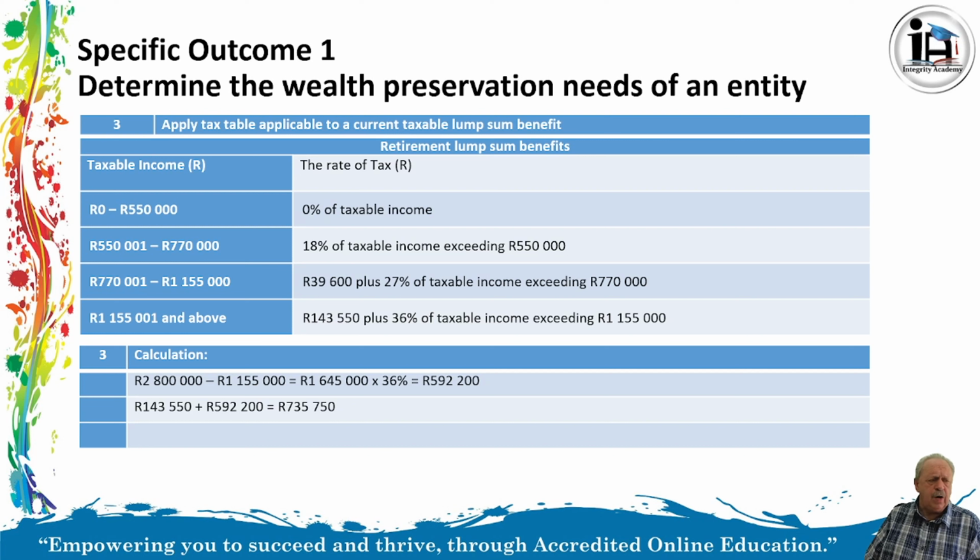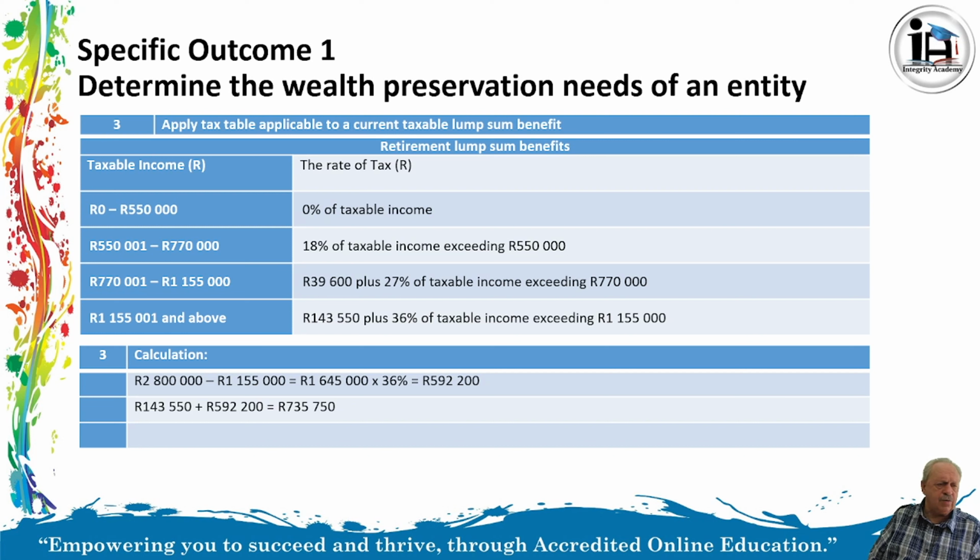Now, the amount that we are working with is 2.8 million, which exceeds the top amount in the rate table. Which means that we will take the 2.8 million and deduct 1.155 million. That will leave us with 1.645 million. So whatever exceeds the 1.155 million must then be taxed at 36%.